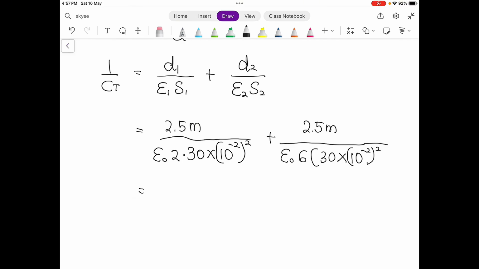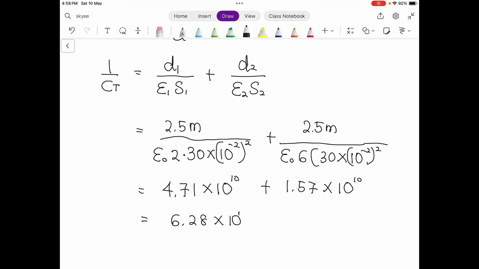So this is 4.71 times 10 power 10, and plus this is 1.557 times 10 power 10. We add them together, so it equals 6.28 times 10 power 10.